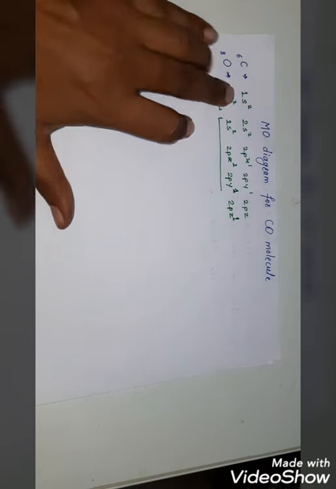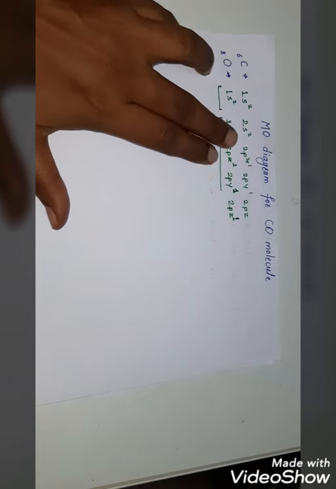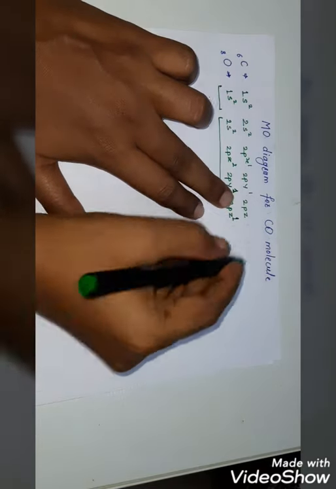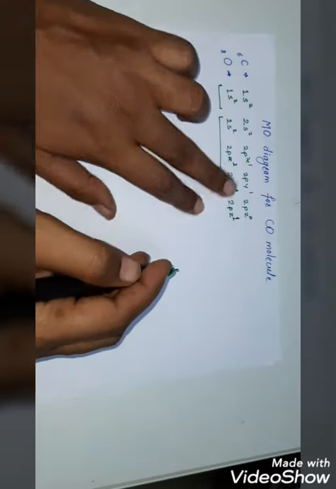Before that, we write the electronic configuration of carbon and oxygen. Carbon, having atomic number 6, has electronic configuration 1s2, 2s2, 2px1, 2py1 and 2pz0.